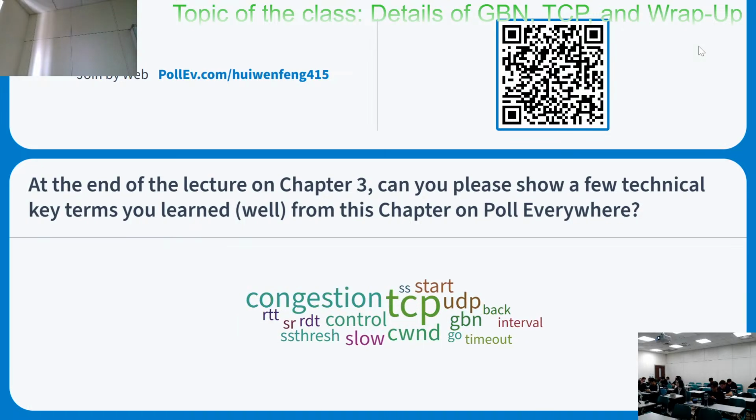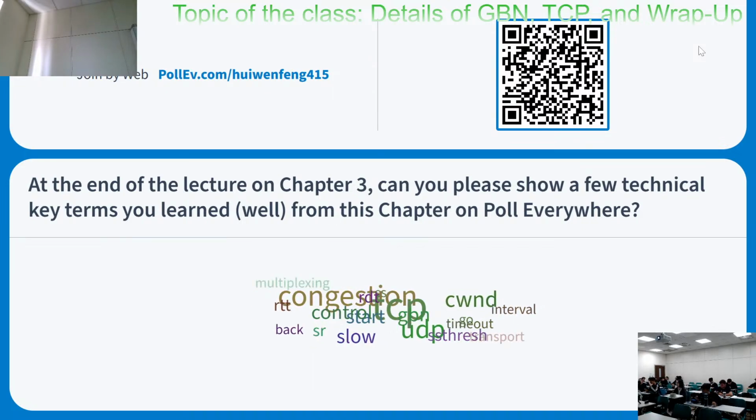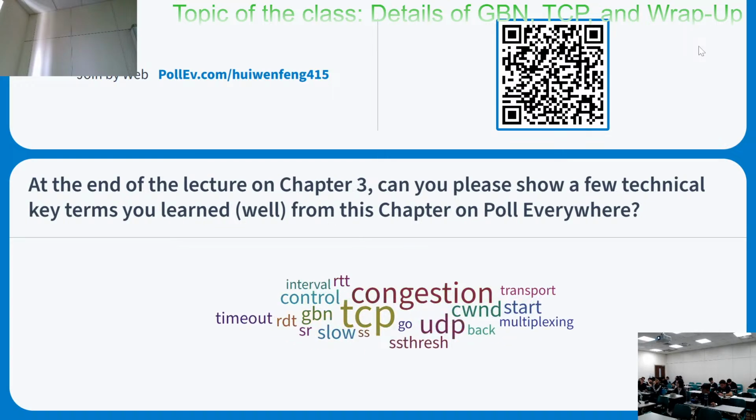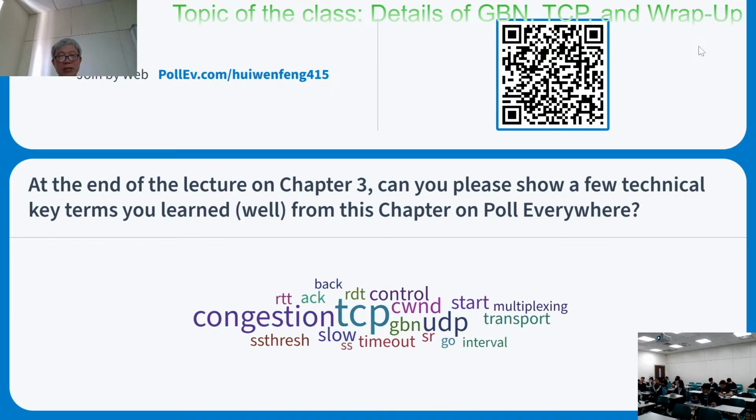Because of a finite state machine, we will have a timeout and go back, and the slow start will have the initial setting. That's fine. Also, of course, we have RTT, and some of you mentioned selective repeat. So we have SR, we have RTT, we have the simple one, multiplexing. That's correct. That's all.